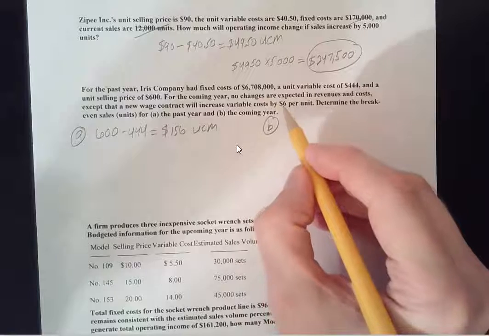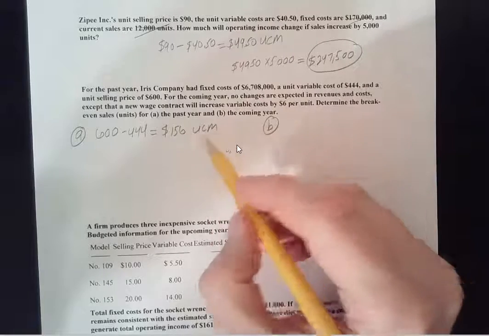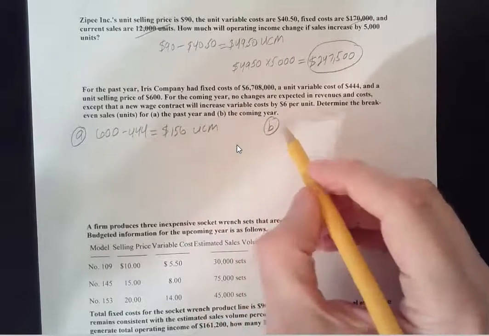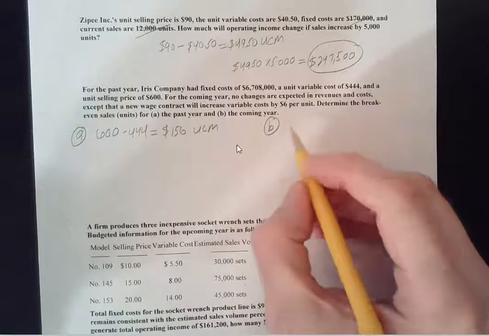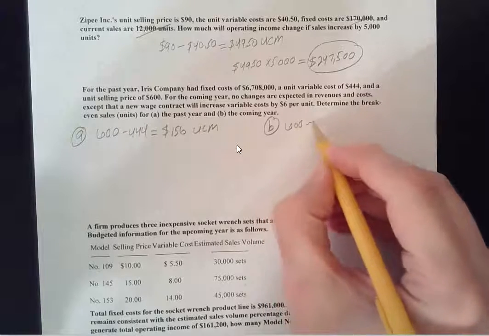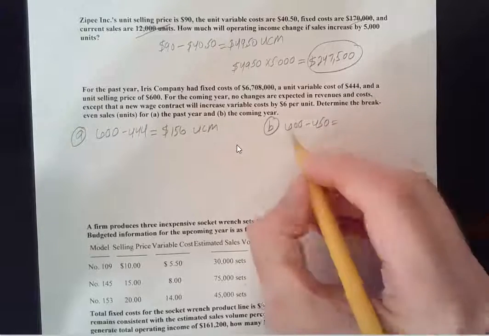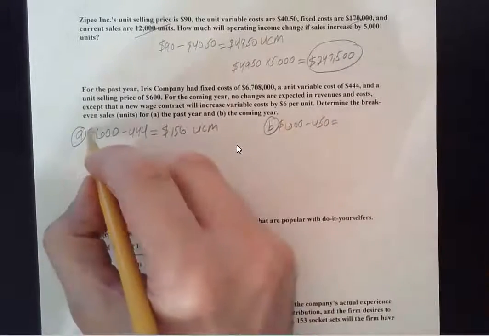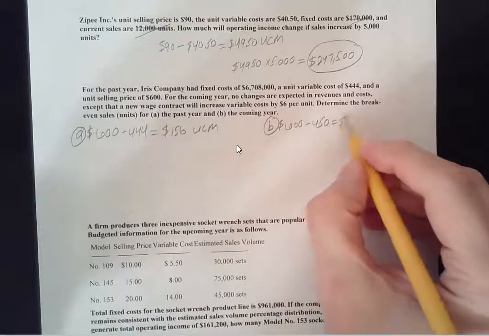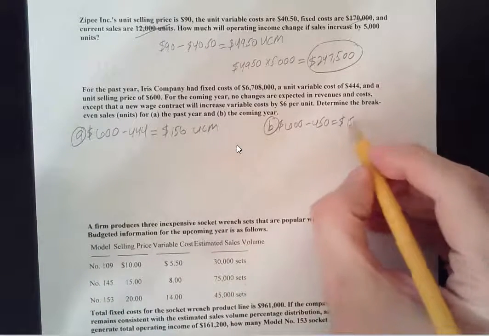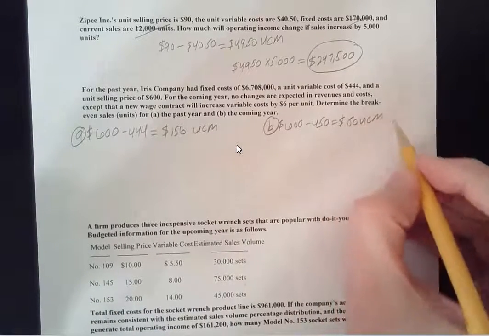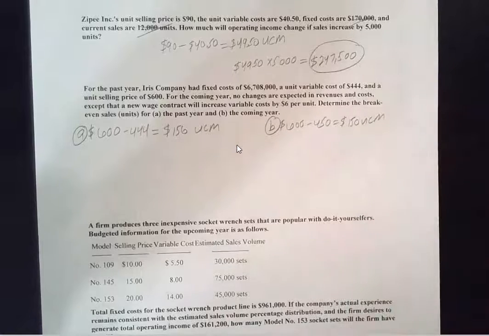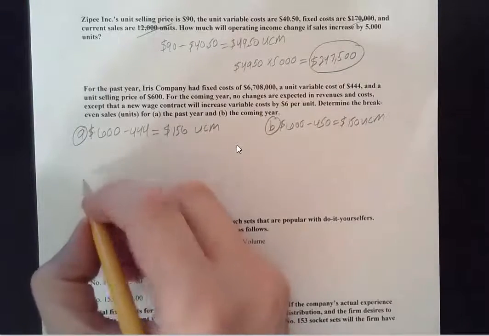The only change is that this 444 here went up by $6, so our equation only looks slightly different. Get a few dollar signs in here. Okay, so our contribution margin per unit went down, but our fixed cost did not.